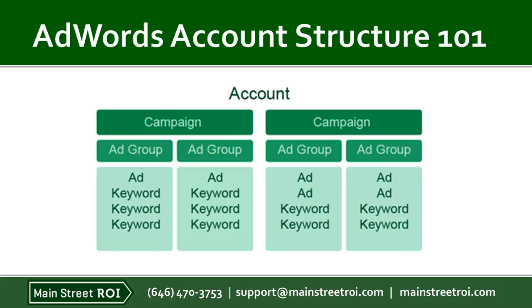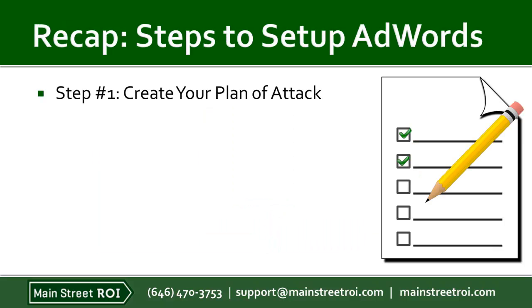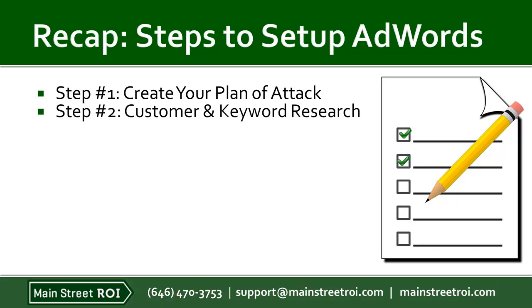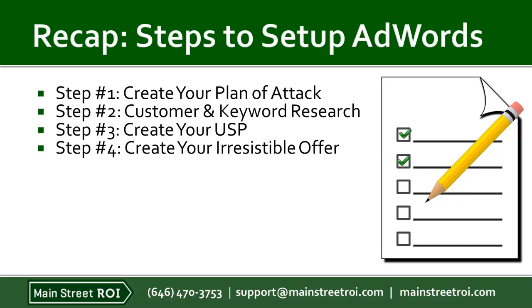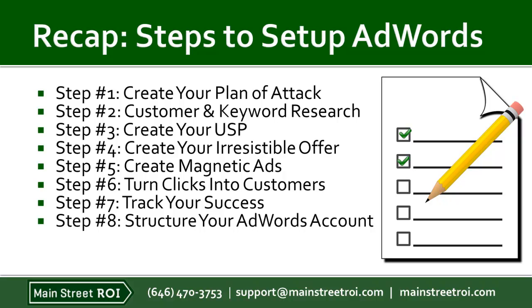All right, so here's a recap of what we've covered so far. We talked about creating your plan of attack, then customer and keyword research, creating your USP or unique selling proposition, creating your irresistible offer, creating your magnetic ads, turning clicks into customers on your landing pages, tracking your success, structuring your AdWords account properly.